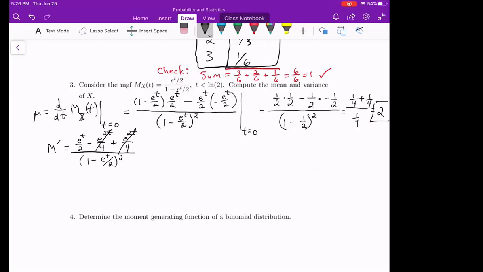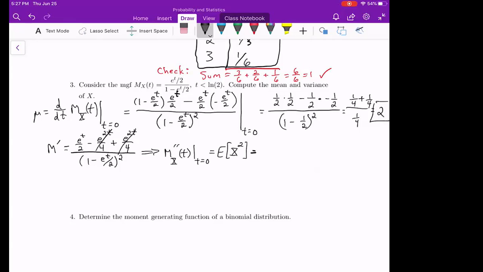And so here we've got a nicer, an easier function to take the derivative of, because now we need m double prime. So let's go ahead and get that. M double prime of t evaluated at t is 0. This is going to give us our second moment. And so I'm going to use quotient rule again.